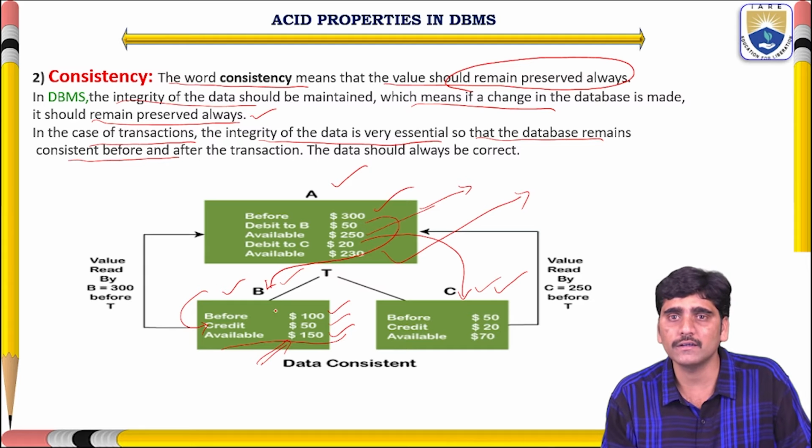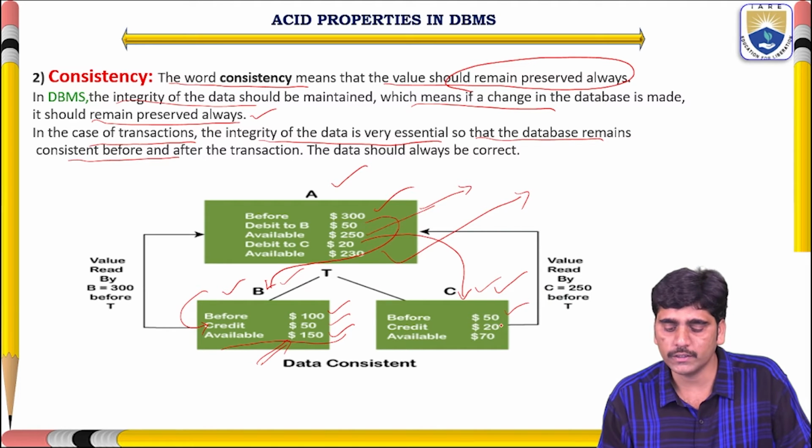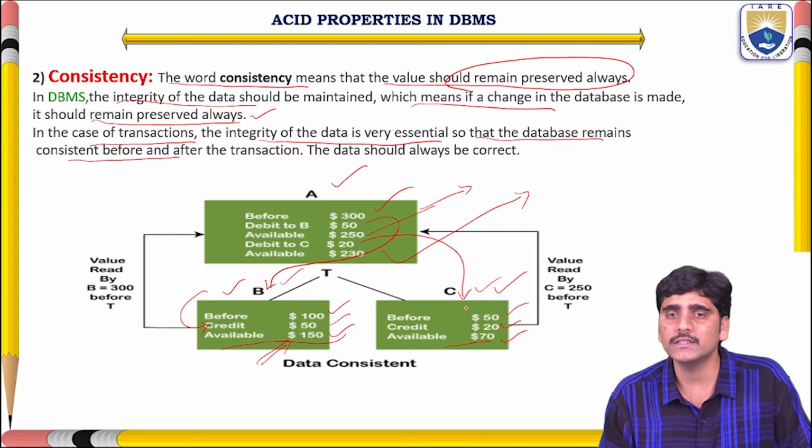Both operations are completely and successfully executed. In the same way from A to C account holder also. Before, C account holder has 50 rupees; after crediting 20 rupees, he has 70 rupees. So from A account holder to C account holder also, there are no partial executions, no errors, and no failures in the transactions during these two operations.